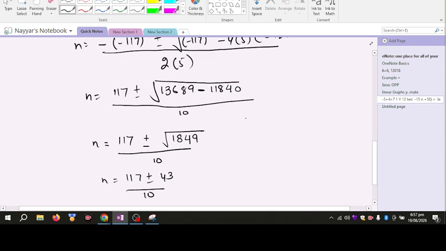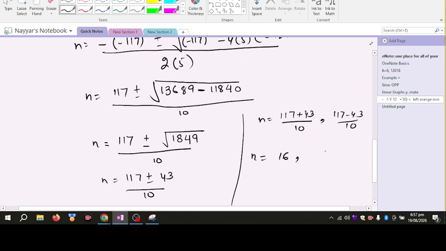Now we have to add and subtract 43 and 117, so 117 plus 43 by 10, or 117 minus 43 by 10. Solve both. What are the values of n? 117 plus 43, whatever you get, divided by 10. We'll get n is equal to 16.